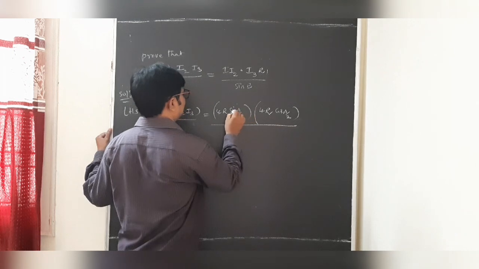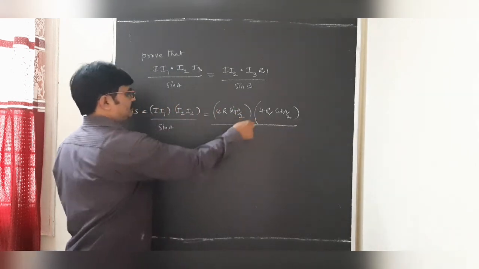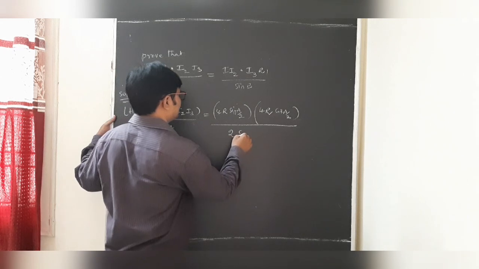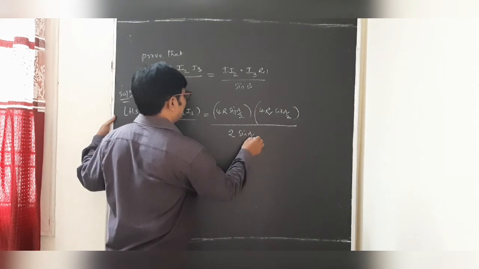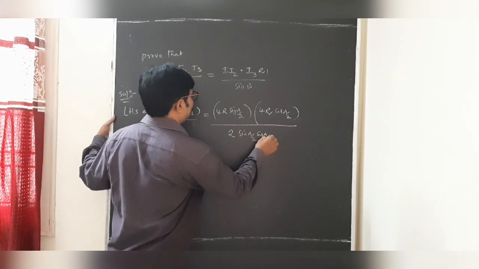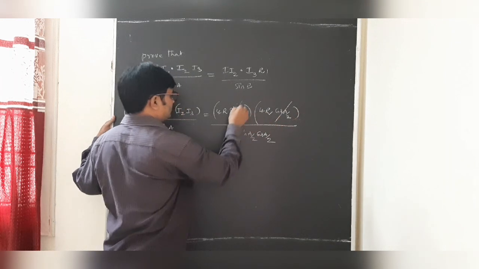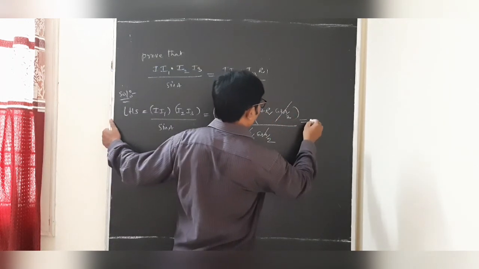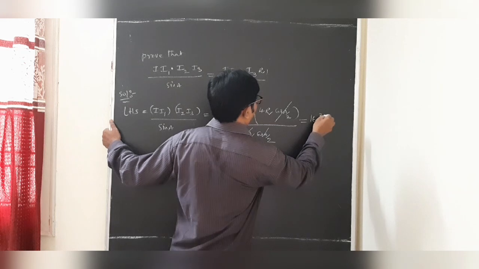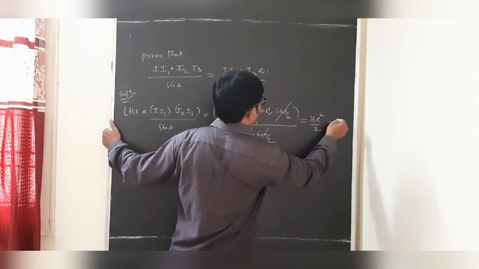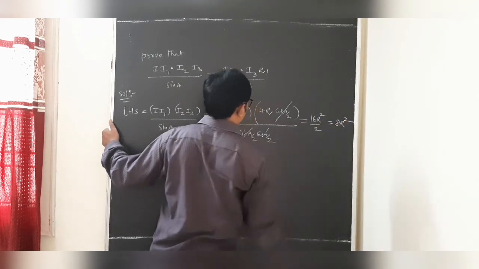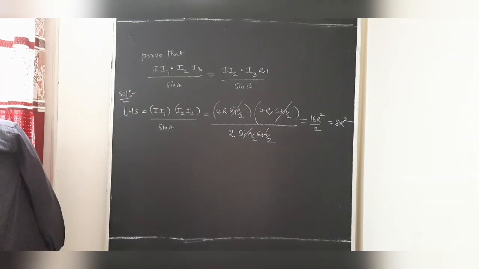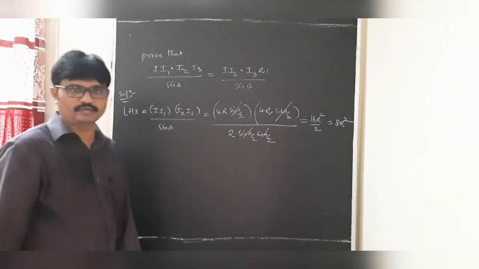My dear students, this is the formula. I2 I3 is 4R cos A by 2. We know that sin A is 2 sin A by 2 cos of A by 2. Cos A by 2 and sin A by 2 cancel. This is 16R square by 2, which is 8R square. So 8R square is the left hand side value.